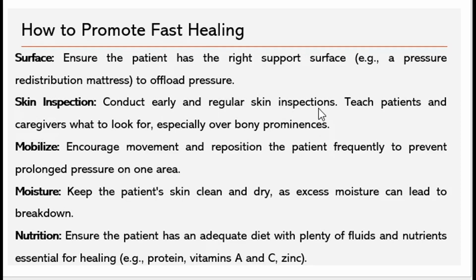Teach the patient and the caregivers what to look for, especially if there is a pressure wound, what they have to do. Even if there is any bony prominence, we have to teach them and get a surgical opinion. We must always remember all these things.